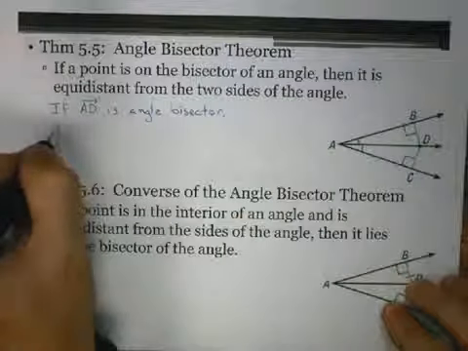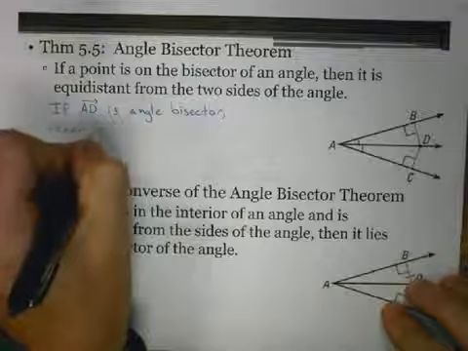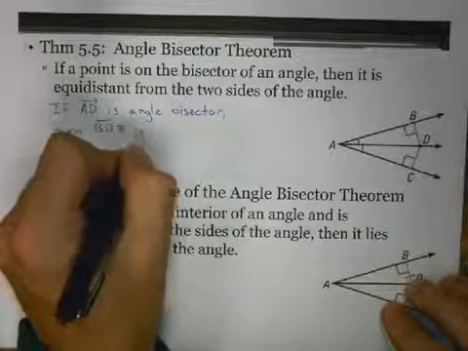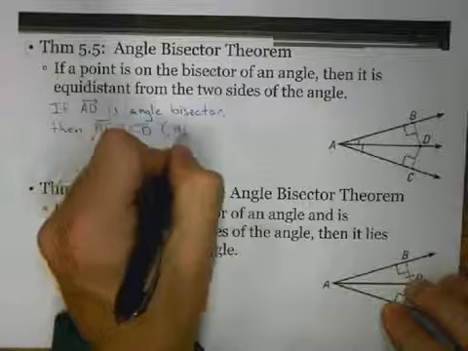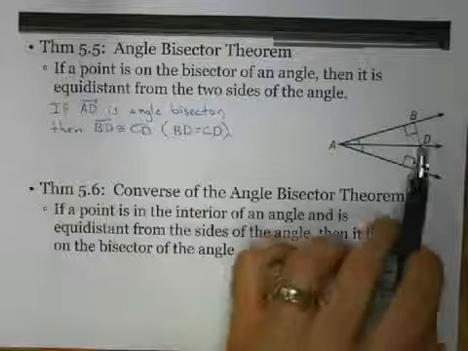Well, DB, DC would be those segments, so then we'll say BD is congruent to CD, or the lengths are equal.